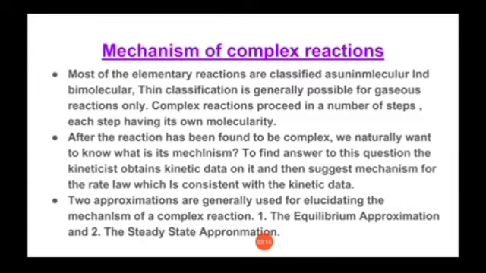Now students, what is unimolecular? If a single molecule is required to start the chemical reaction, it is known as unimolecular. If 2 molecules are required to start the chemical reaction, it is known as bimolecular. So this classification is generally possible for gaseous reactions only.